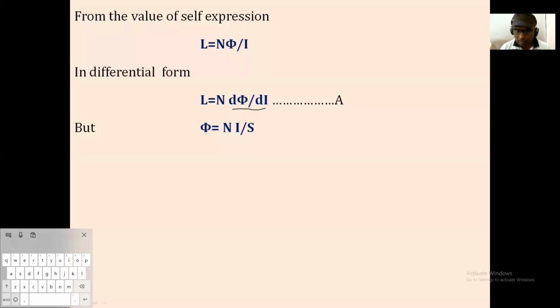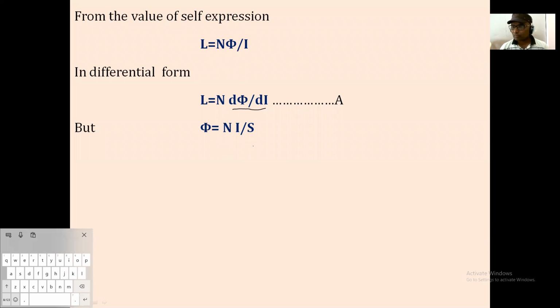मग आता या आपलं जे काय बेसिक इक्वेशन आहे phi is equal to mmf upon reluctance, if I try to take the derivation of both the side with respect to I, so what is the derivation? d phi by di is equal to right hand side ला काय उरेल सांगा?